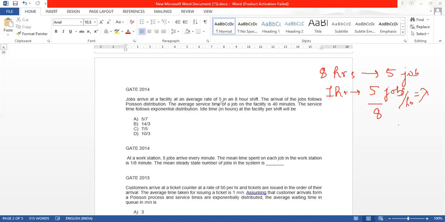The average service time of a job on the facility is 40 minutes. Now tell me what is this 40 minutes? Read this statement carefully. The average service time of a job in the facility is 40 minutes. What is this 40 minutes which is given in the question? This is the service time.